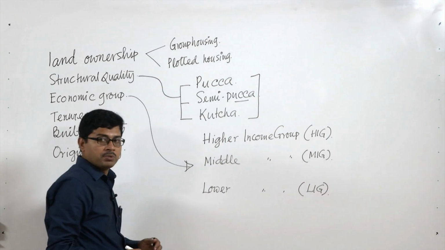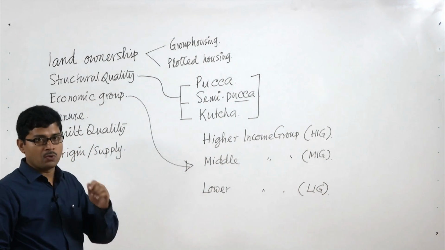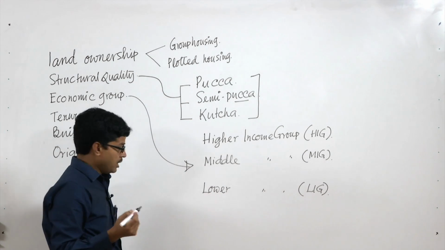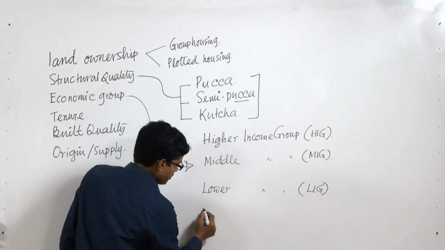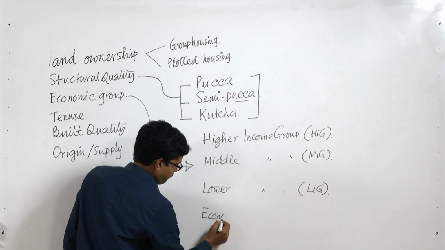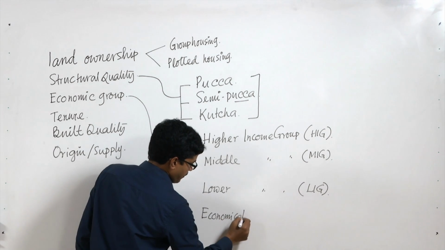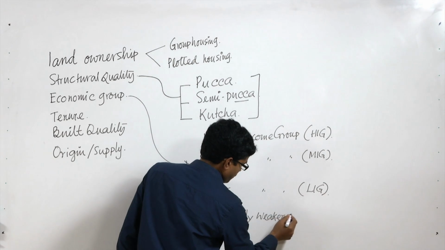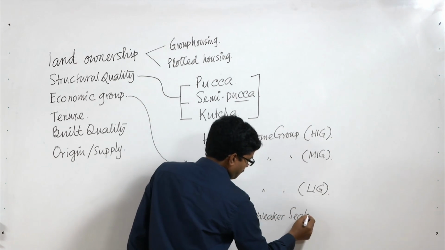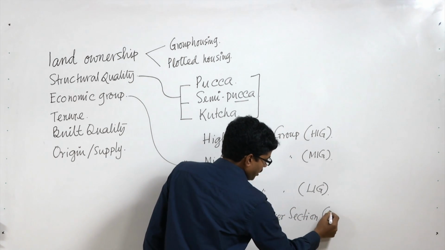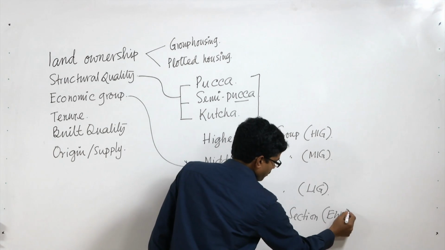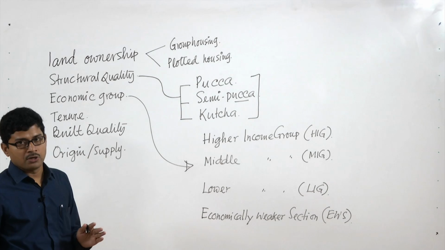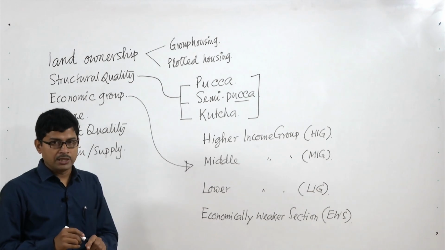And also the people who are living below the lower income group, who do not have the minimum affordability to afford a house, are called the economically weaker section, in short EWS. So, these are the broad four categories of classification based on the economic group.